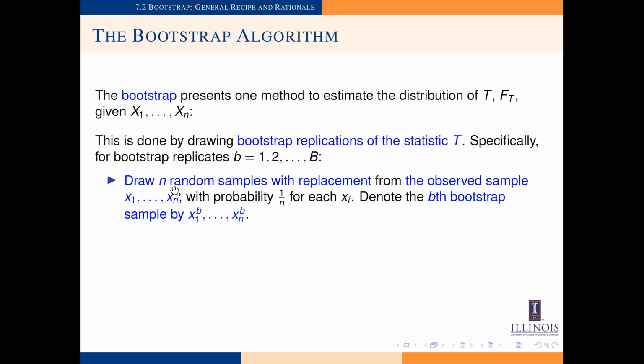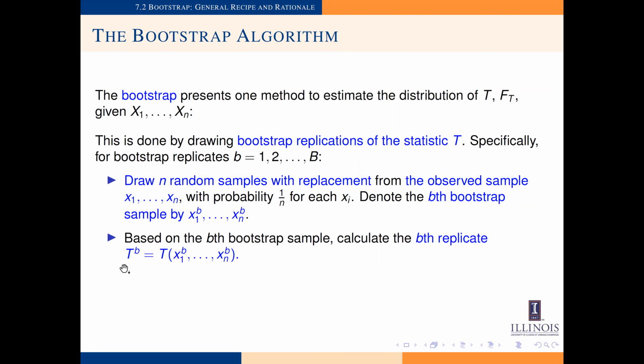The n random samples we draw with replacement from this set is going to be the bth bootstrap sample. Let's denote it by x1 of b all the way up to xn of b, where xi of b is a random sample from this set. Given our bootstrap sample, we can calculate the bth replicate of the statistic, t of b, and this is simply the t function evaluated at our bootstrap sample.